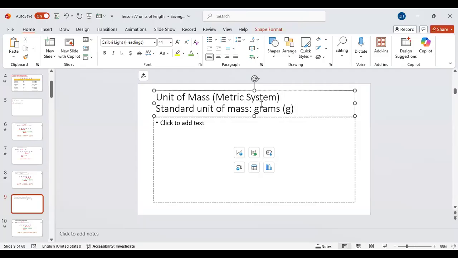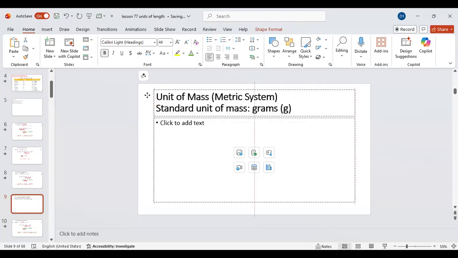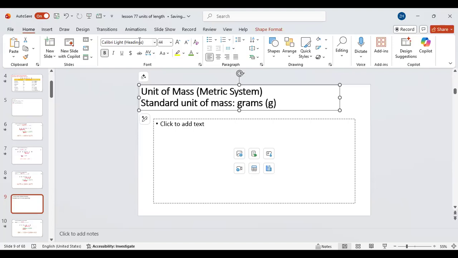We don't really use grams like that. My physics books say kilograms though. The SI unit for mass is kilograms. But when I say the standard unit, I'm talking about the base unit, almost like the meter.